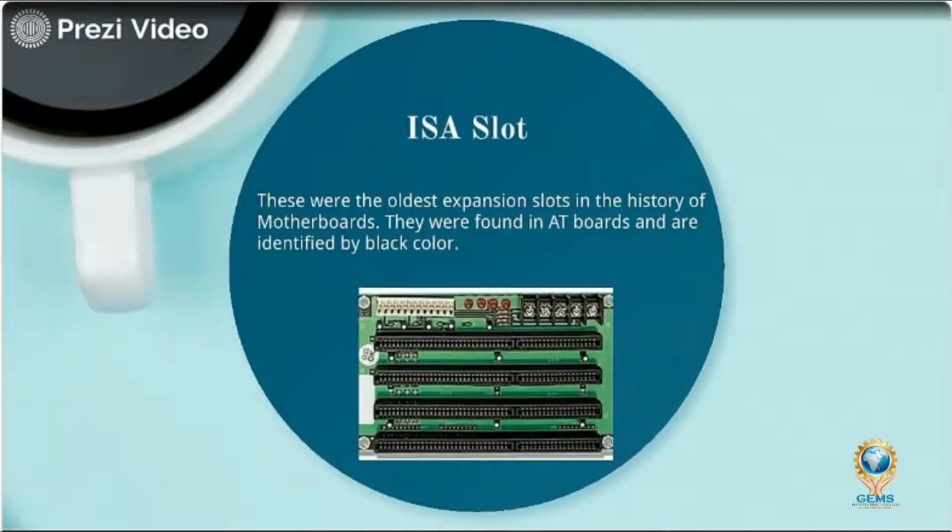This ISA slot is the 16-bit internal bus of the IBM PC/AT and similar computers based on the Intel 80286 and its immediate successors during the 1980s. The bus was backward compatible with the 8-bit bus of the 8088 based IBM PC.